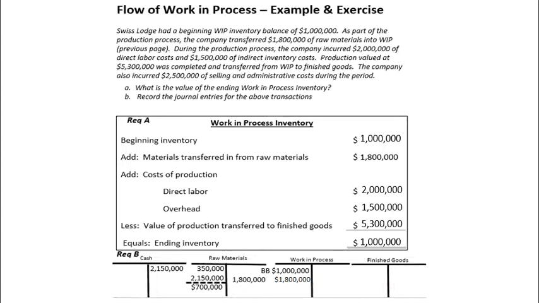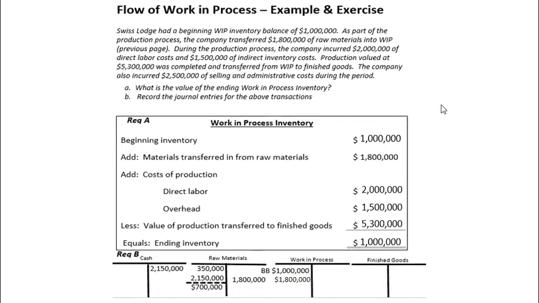However, selling and administrative costs are considered to be period costs, and those costs are expensed in the income statement as they're incurred during the accounting period. So we do not charge or debit selling and administrative, or any type of period cost, to our inventory. That goes straight to the income statement and is expensed during the period.